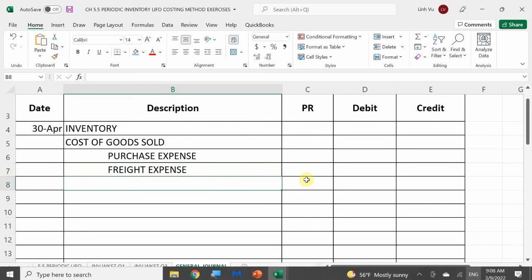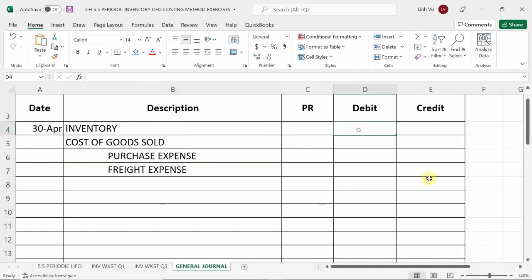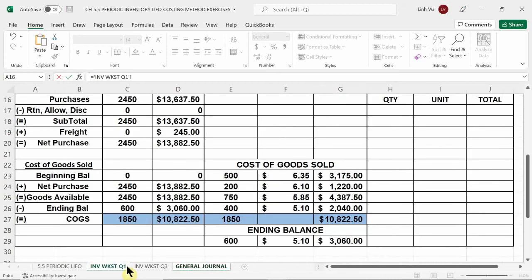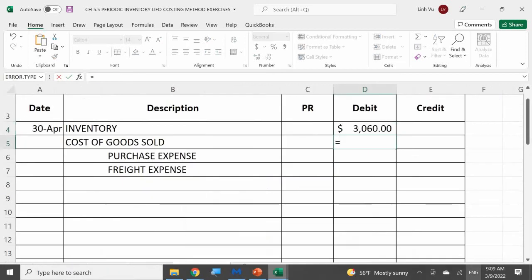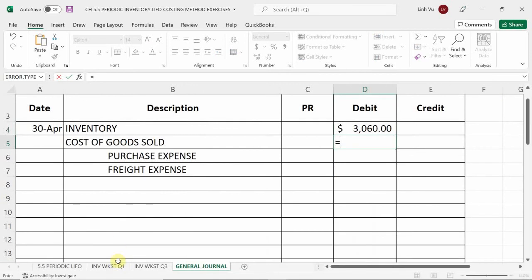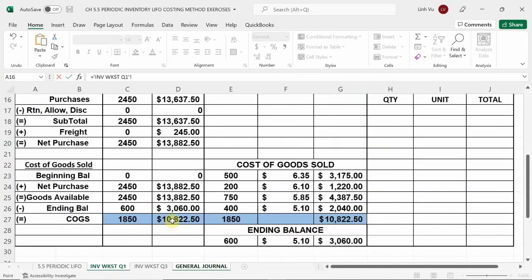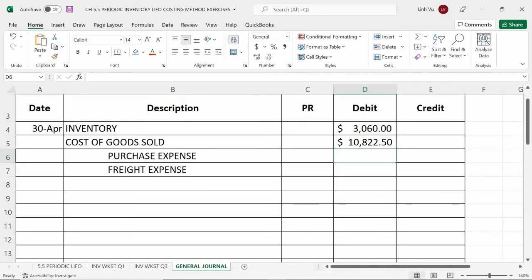So now let's go ahead and determine what was the ending balance in your inventory. What was the total value? 3,060. Good. That was the cost of goods sold, but I'll go ahead and link that too, that the cost of goods sold was $10,822.50.